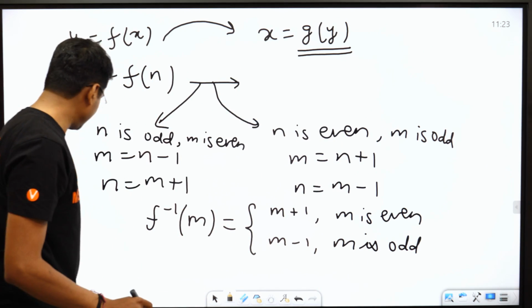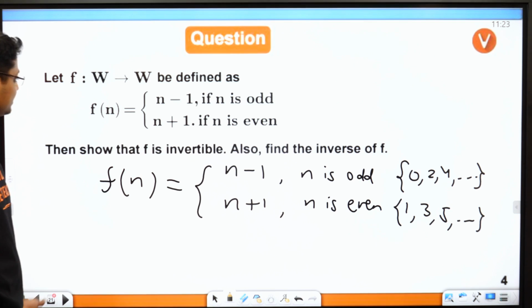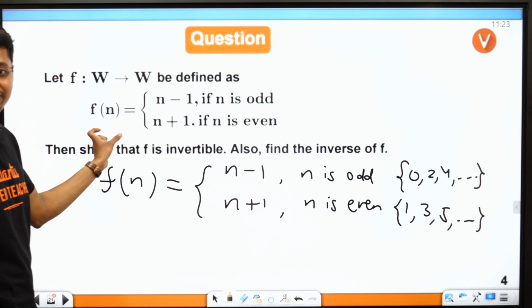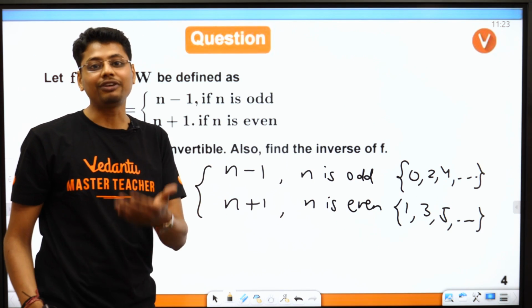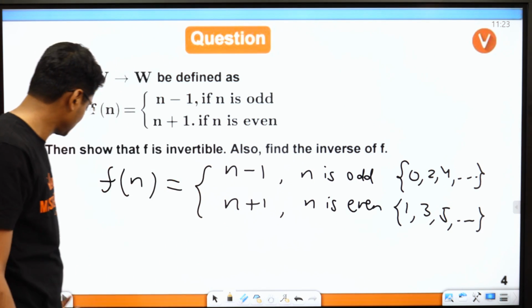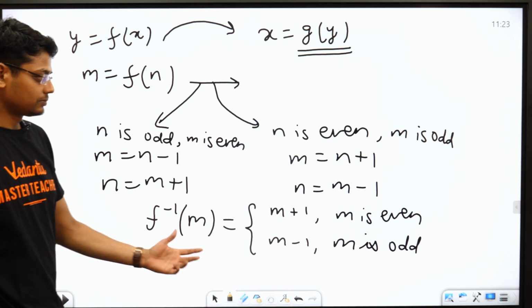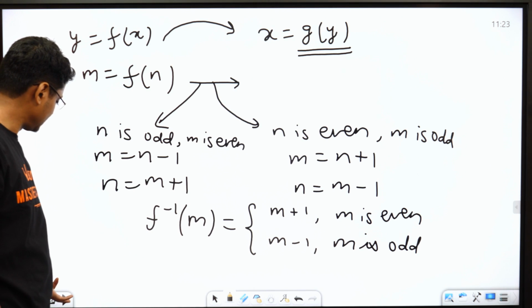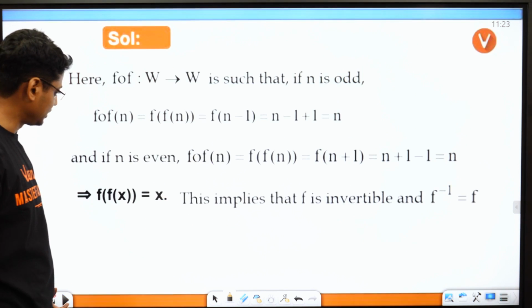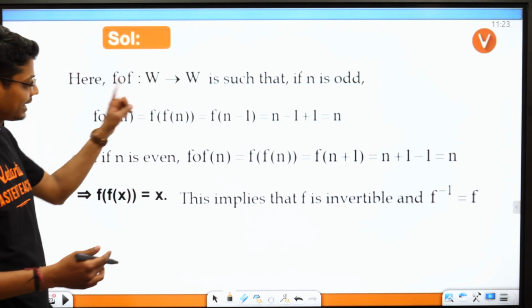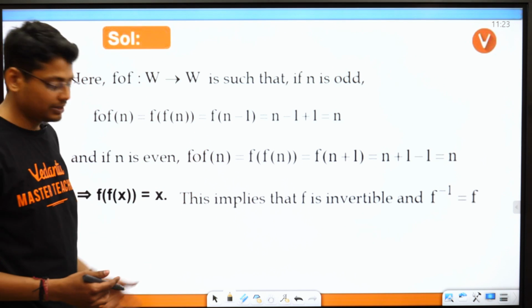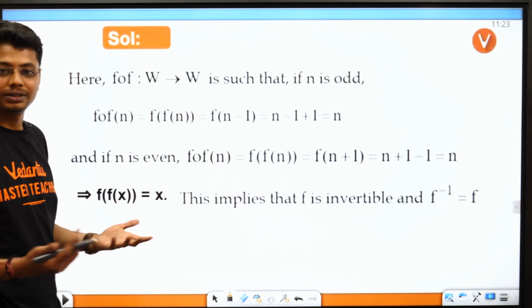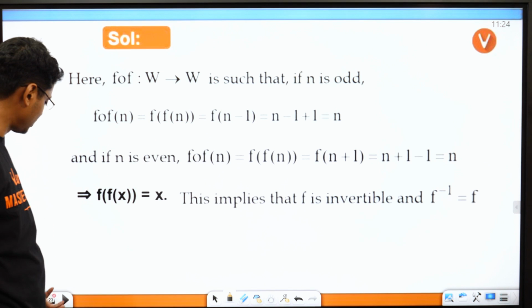And interestingly, this is the same as the definition of f(n). So basically the inverse of f is f itself. So we are done with it. All right, let's go to the next question. The method I used is one way, and you can write it in another way too.